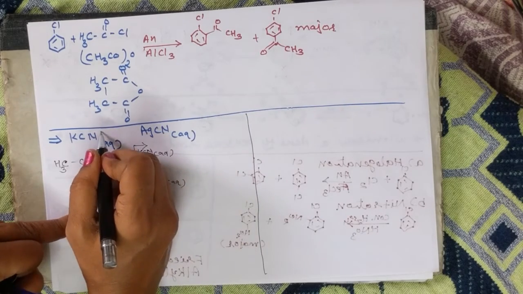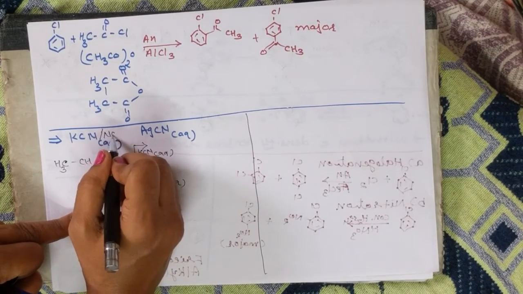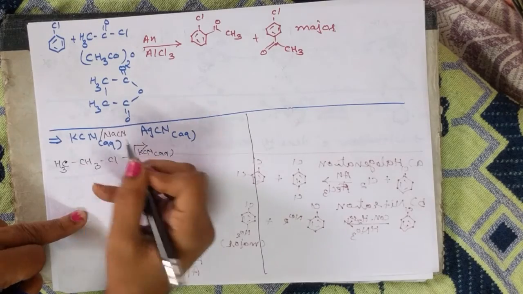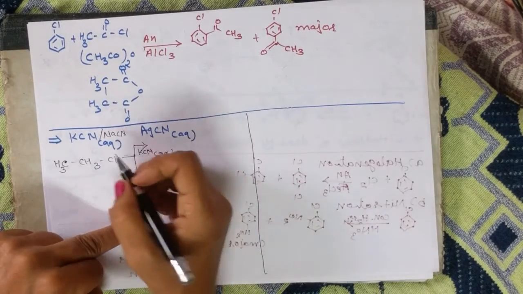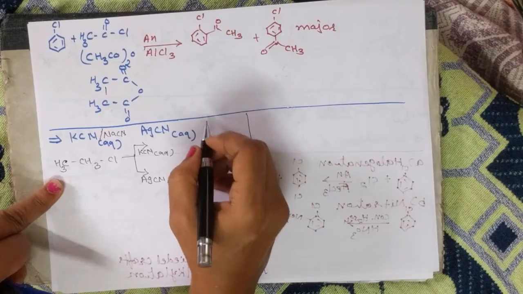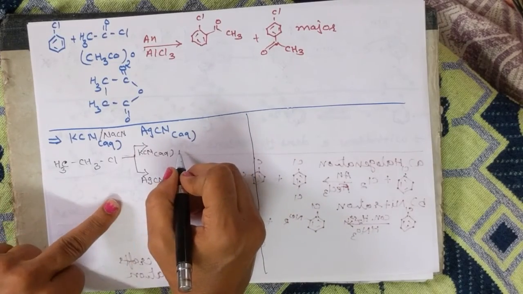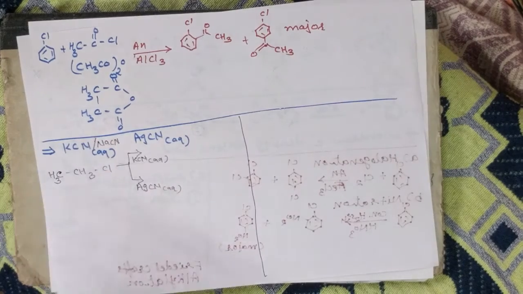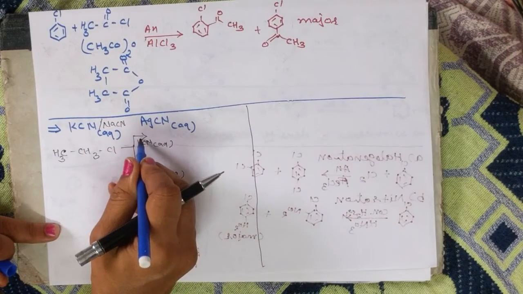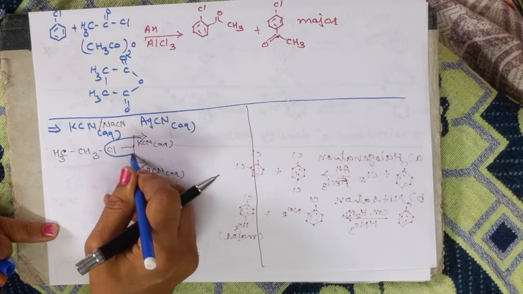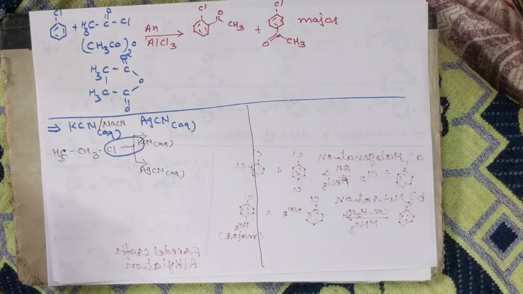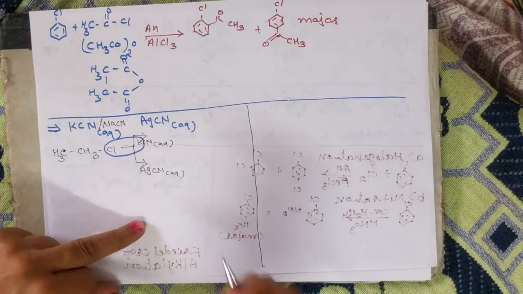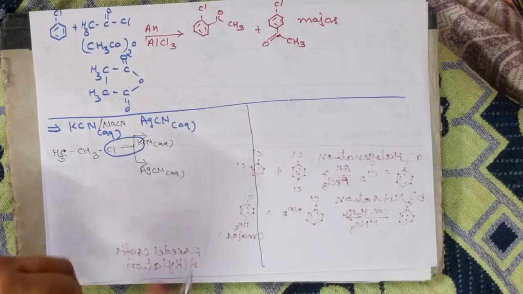Here KCN, or we can use NaCN also. So KCN or NaCN is in the completely ionic form. So it forms K plus and CN minus. So K plus will be released as KCl.